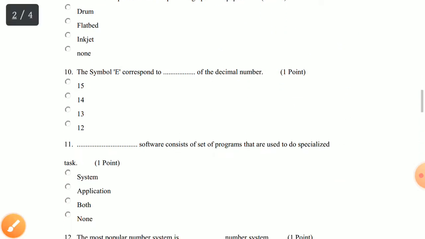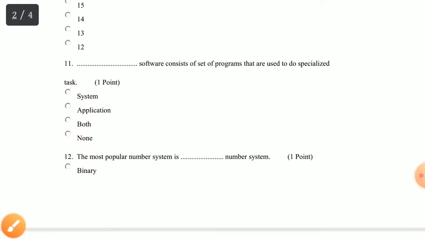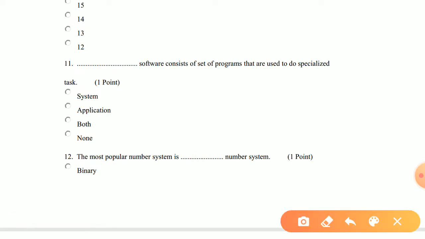Moving forward to your 11th question. Dash software consists of a set of programs that are used to do specialized tasks. Remember, we are talking about specialized tasks, so your answer is application software.